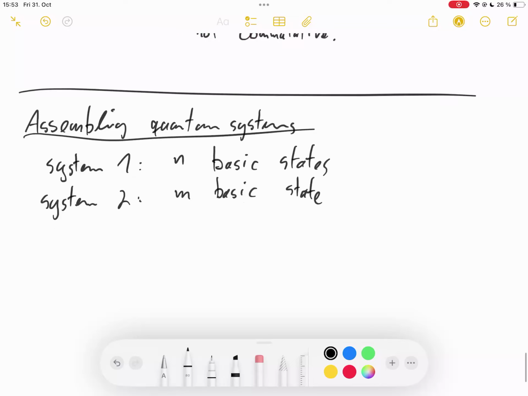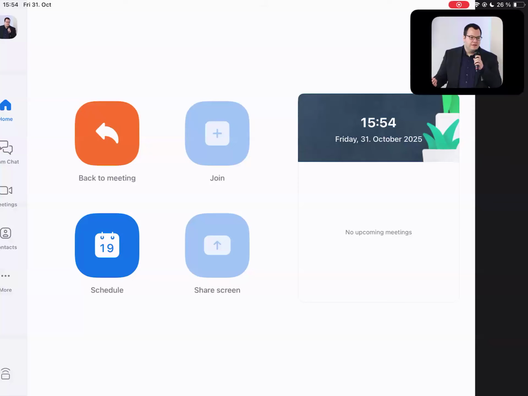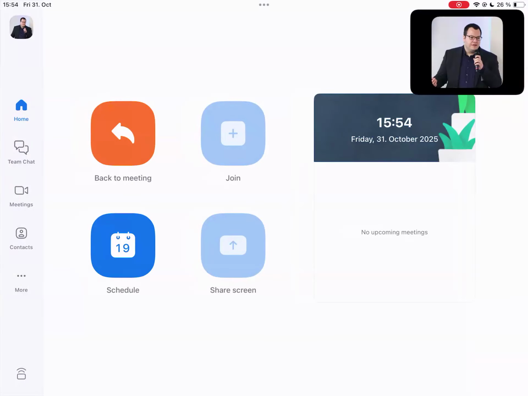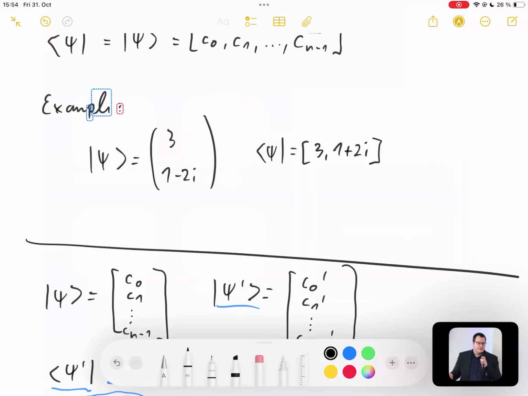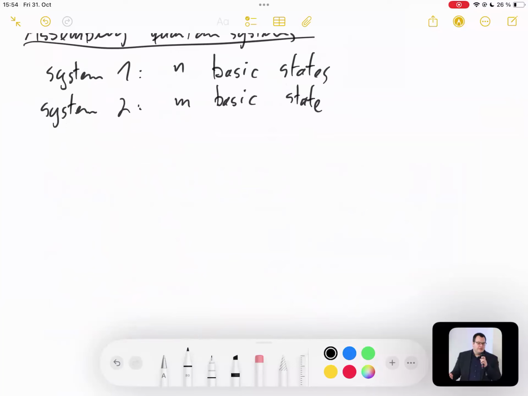So how many possible basic states does the assembled system have? So you can send in the chat how many basic states the assembled system would have, if I have n in the system one and m many in the other system.